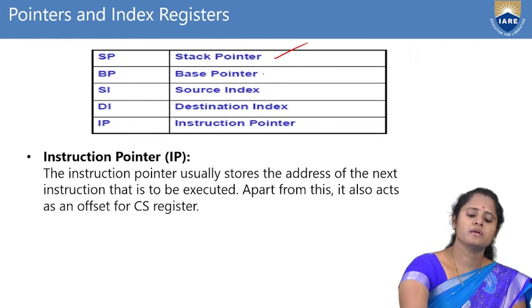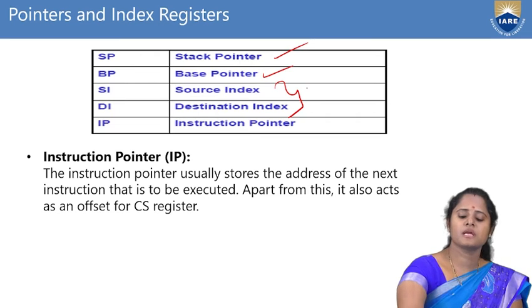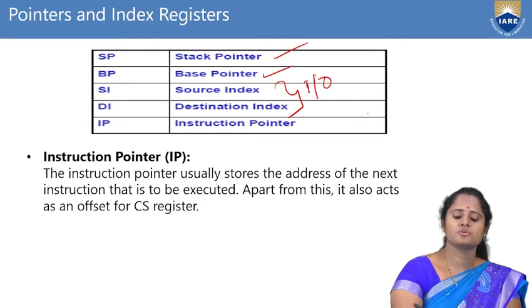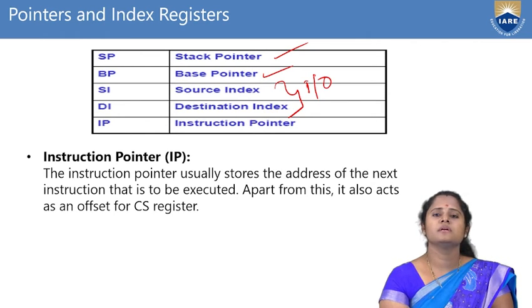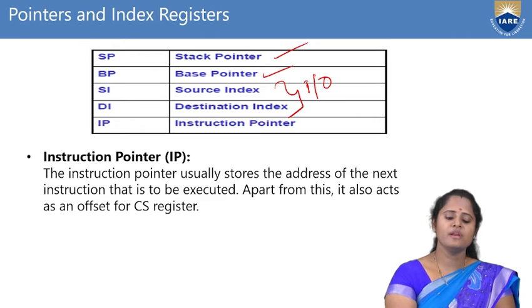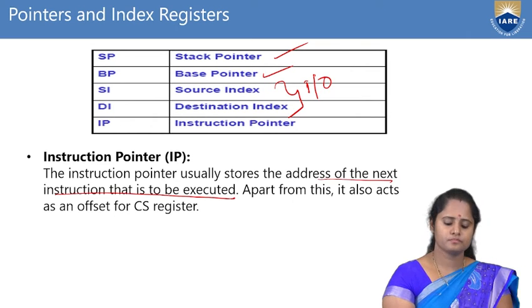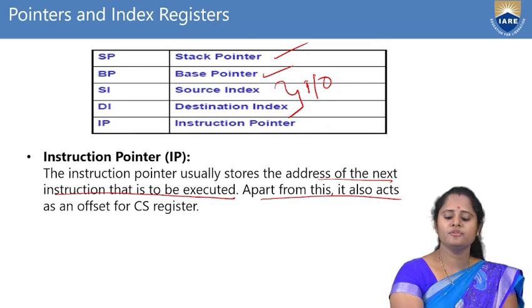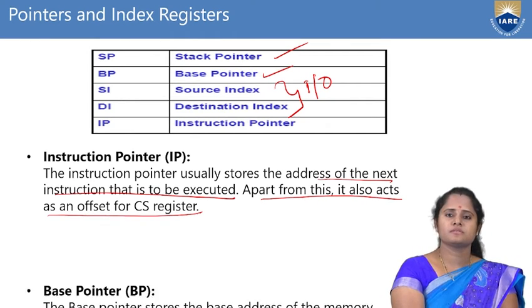Source index and destination index are used for input and output, and then the instruction pointer. What is an instruction pointer? It always stores the address of the next instruction that is to be executed. Apart from this, it also acts as an offset register for the CS register.